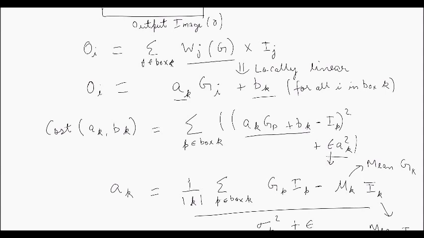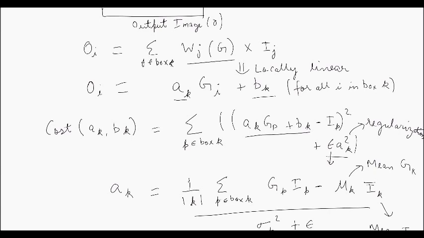If I take a difference between the two and try to minimize the difference of squares for all these, what I'll essentially do is force my output to be as close to the input. I'll also add a regularization term.